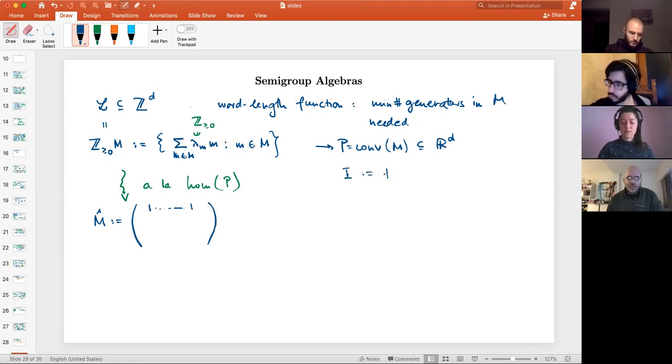I look at all the integer points in P. These are my generators and then some, since my generators are the extreme points. And I homogenize now this set.